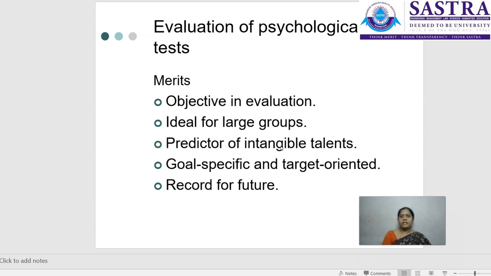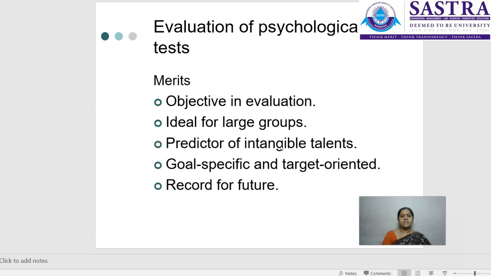For example, achievement tests may be used to identify the existing performance of the candidates, while aptitude tests are appropriate for measuring future performance. Hence we can say that it is goal specific and target oriented.